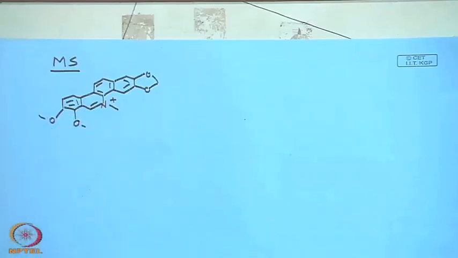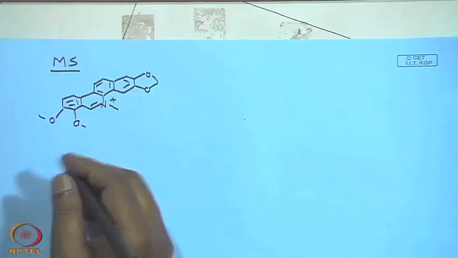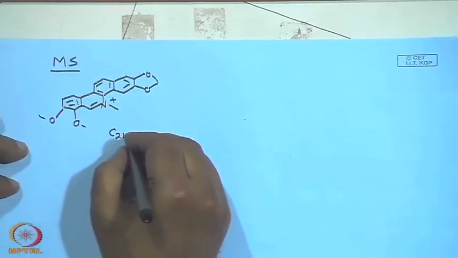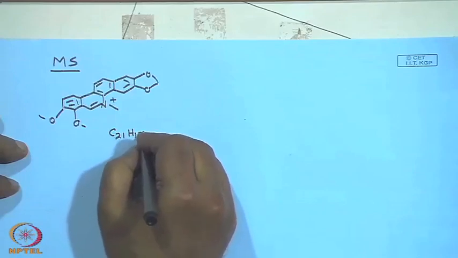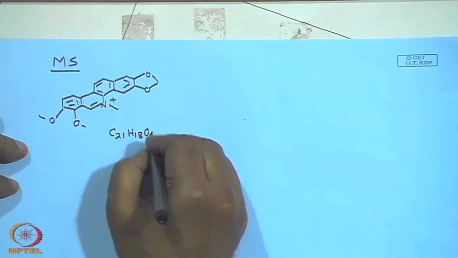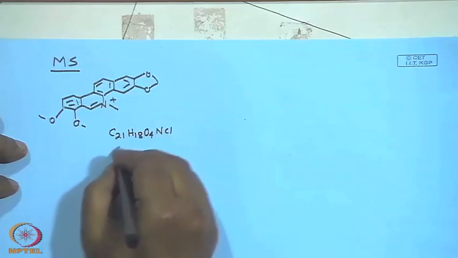And the molecular formula found out from our mass spec is C21O4 nitrogen and Cl. So, what do you see here?